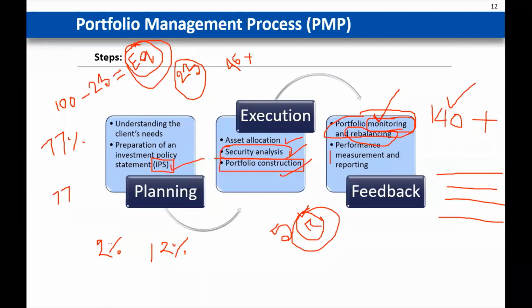Now, what is the benchmark return based on the IPS? Benchmark return is 14%, because in the IPS your client said that my portfolio needs to achieve 2% above the DSC return.